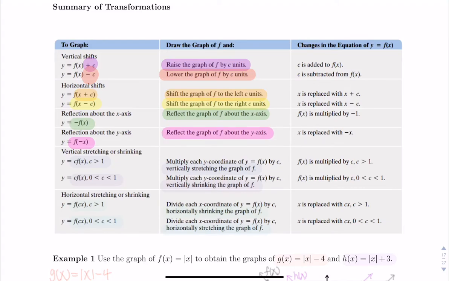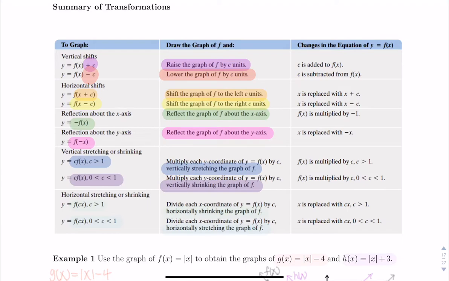Then we have shrinking and stretching. For vertical stretching or shrinking, it's c times f of x. As long as c is greater than 1, you vertically stretch the graph by c. If it's c times f of x and c is between 0 and 1, or a fraction, you are vertically shrinking the graph of f.